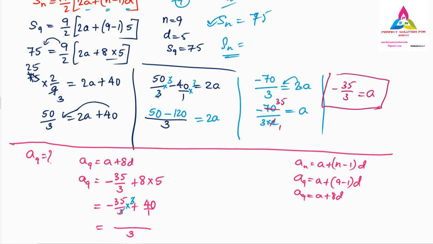So here 3 and 3 get cancelled because we cancel the LCM. So we get minus 35, which we write down here. Next, again here also I have to multiply by that LCM, that is 3. So 1 ones are 1, 1 threes are 3, so 3 only will remain. 40 into 3 is how much? Plus 120. So here we get minus 35 plus 120 divided by 3. So we are finding the a9.